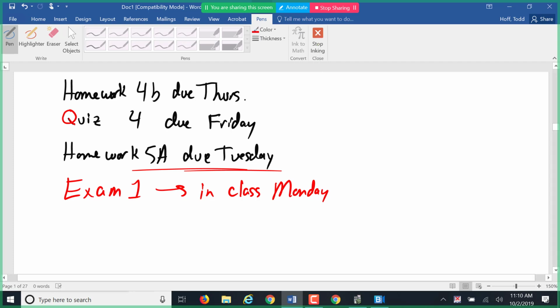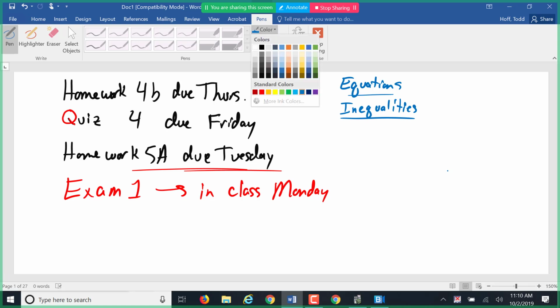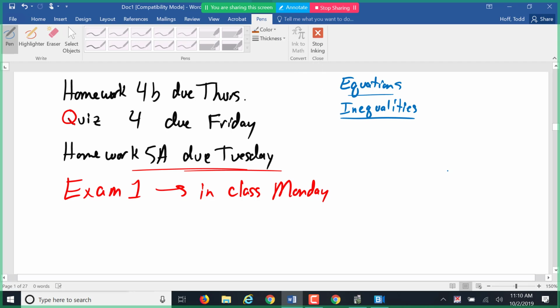So we have a couple minutes here. Let's just kind of quickly review some of the topics that are going to be on this test. You know, everything we've covered so far is going to be on this test, but we're going to have equations and inequalities. We can have equations with absolute values, or inequalities with absolute values.